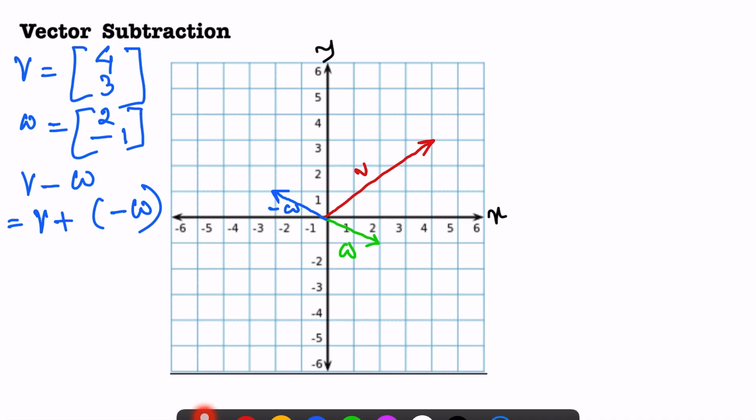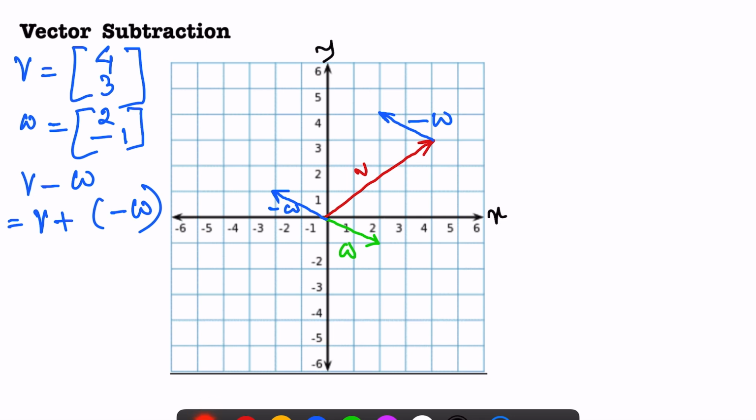So we want to add vector v and minus w. How do we add this? We can just move this minus w vector and place it at the tip of the v vector. So this is also minus w, and we are adding this one and this one.